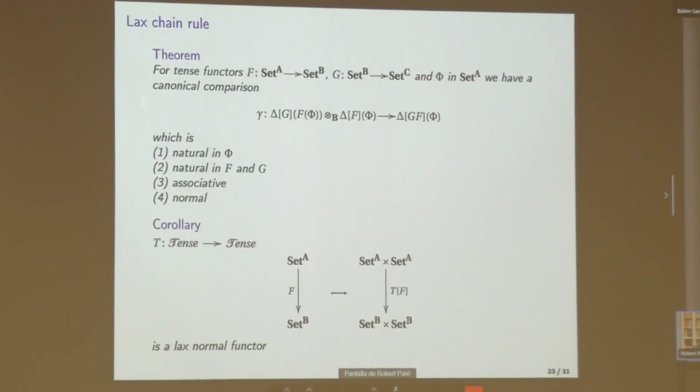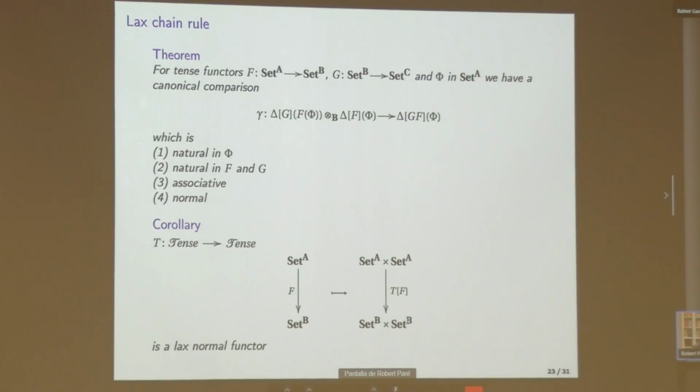And we have also a lax chain rule. And so for tense functors F and G, and phi in set to the A, we have this canonical comparison. So actually saying that delta F phi is a profunctor maybe doesn't mean that much. Maybe it's just an element of a presheaf category. But here we see that we're using profunctor composition in this comparison.